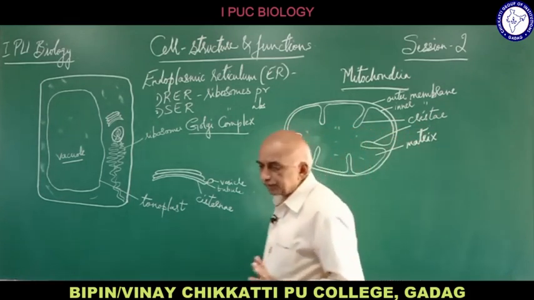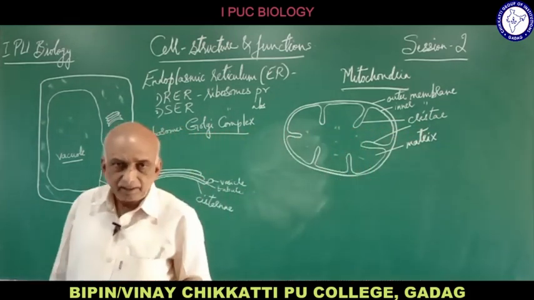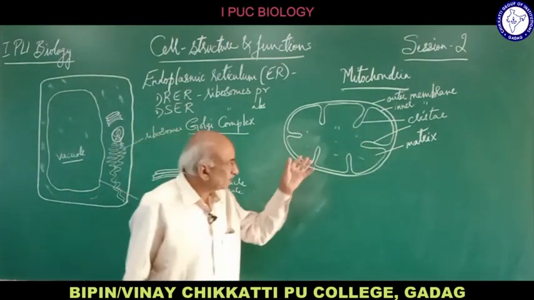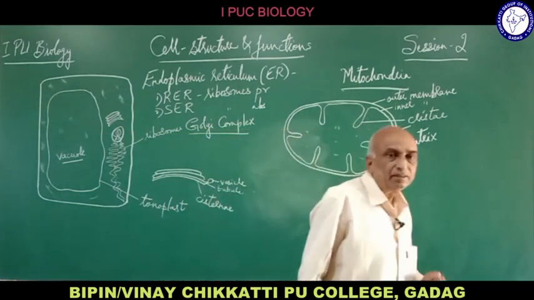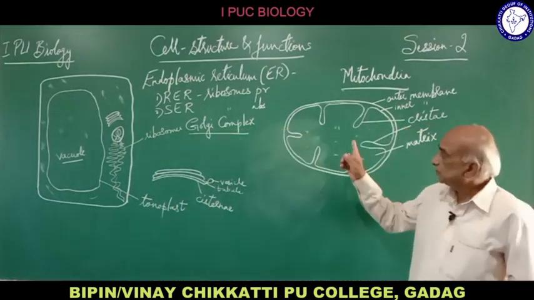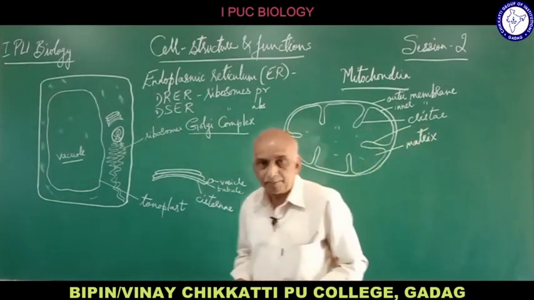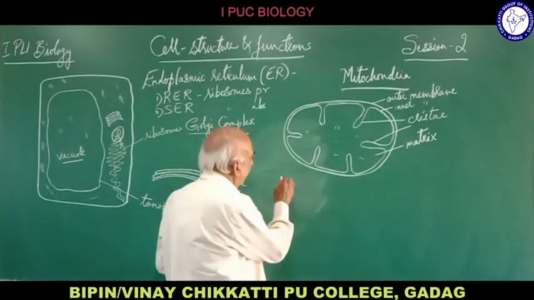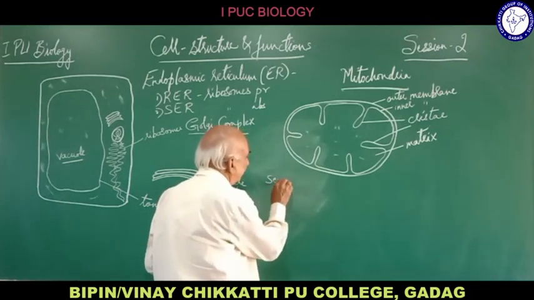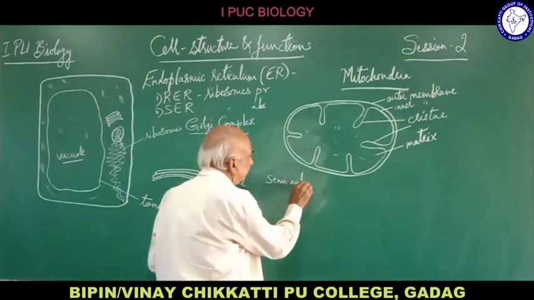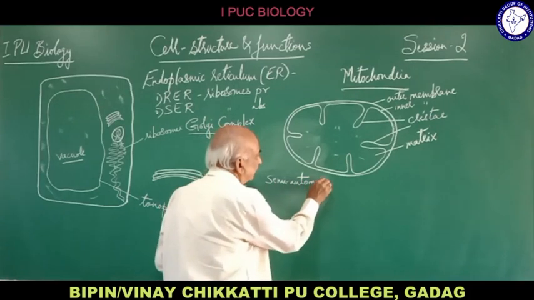Because of this DNA and RNA, there is also protein synthesis taking place inside the mitochondria. Ribosomes are involved in protein synthesis. Because of the presence of ribosomes, these mitochondria synthesize their own proteins.